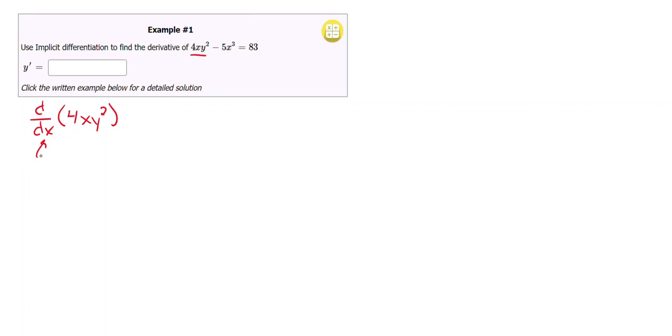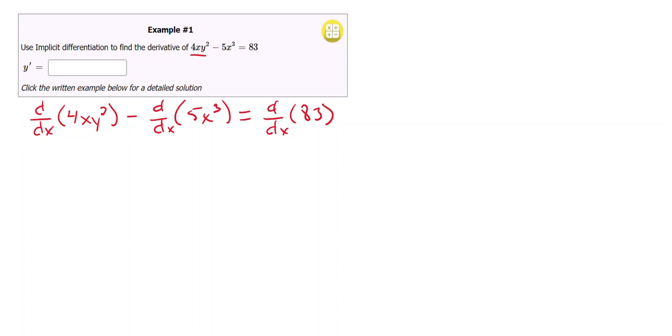The dx on the bottom means with respect to x. Think of that as the input. Minus d/dx of 5x to the 3 is equal to d/dx, or the derivative, of 83.